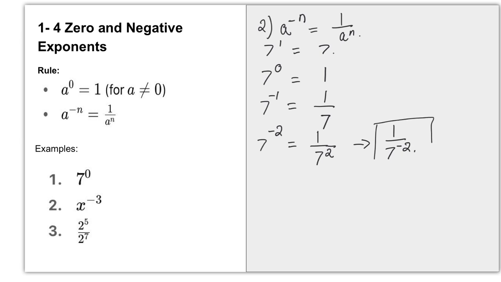Here, I'm going to expand this for you so you can understand that is incorrect, right? It's not going to happen. So if I say 1 divided by 7 raised to the negative 2 power, this means 1 divided by 1 divided by 7 to the second power. I can rewrite it so you can understand it better.